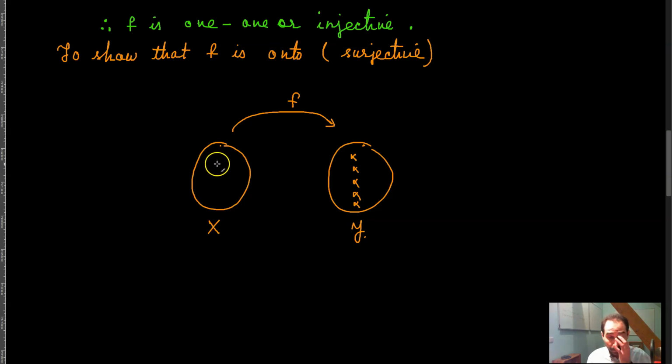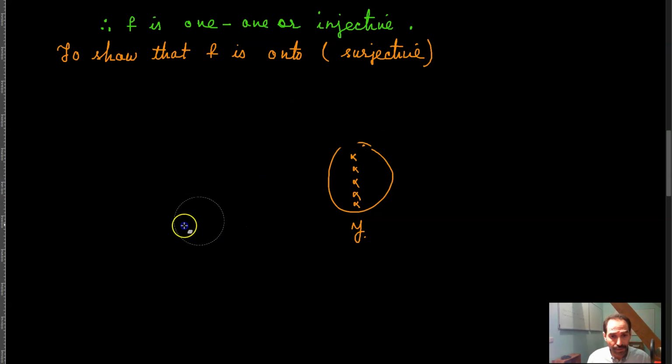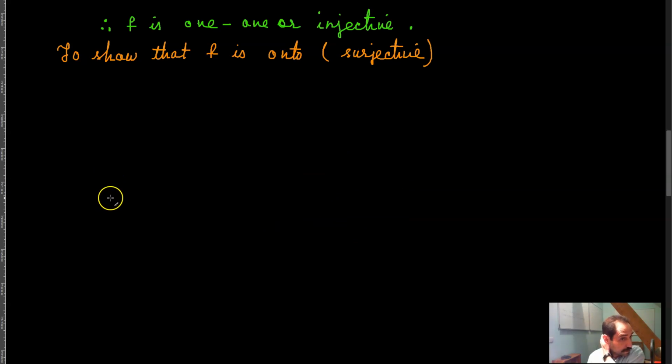In order to make sure that that is the case, what you need to do is find the inverse of the function. The function that I have is f of x equal to 4x plus 3.